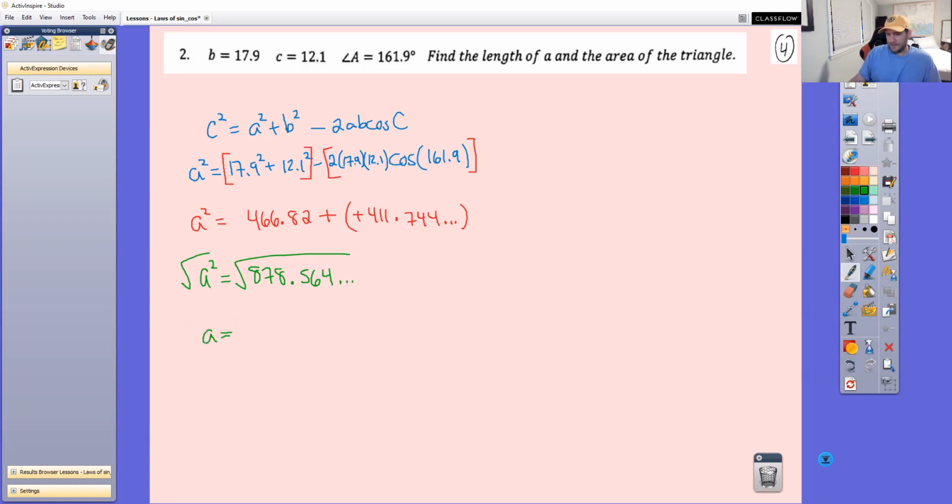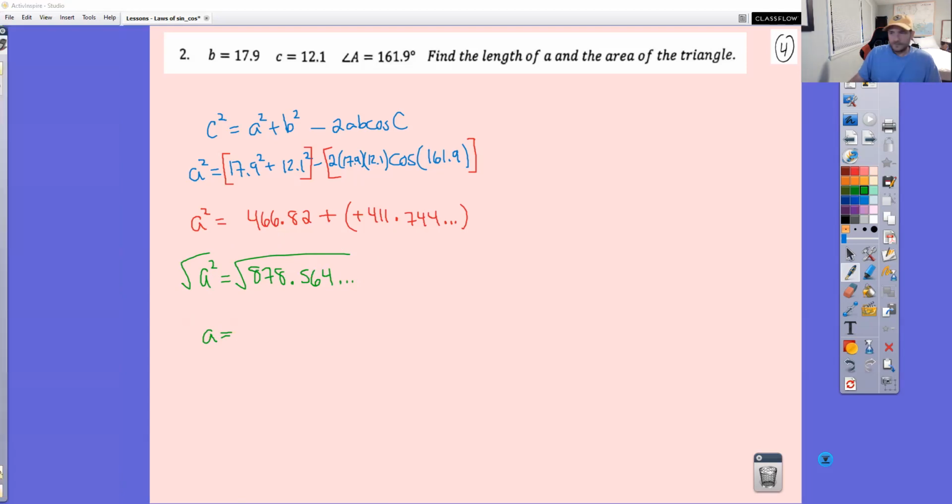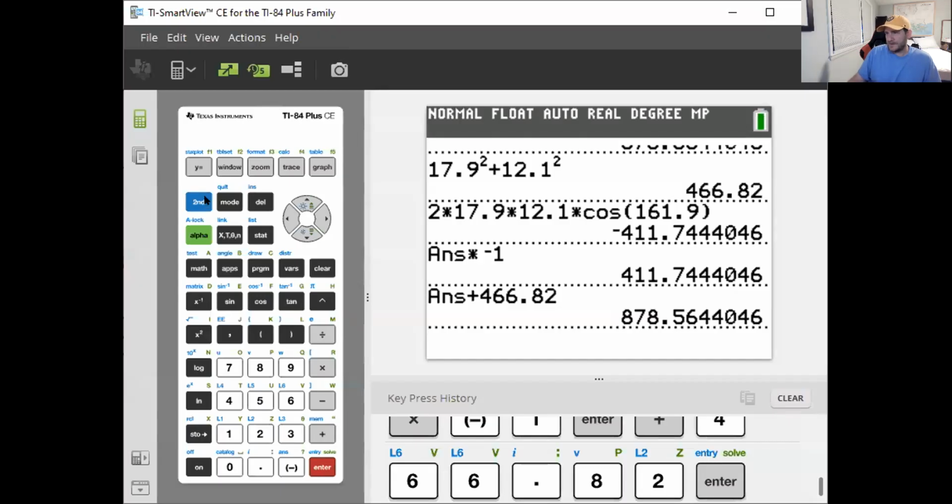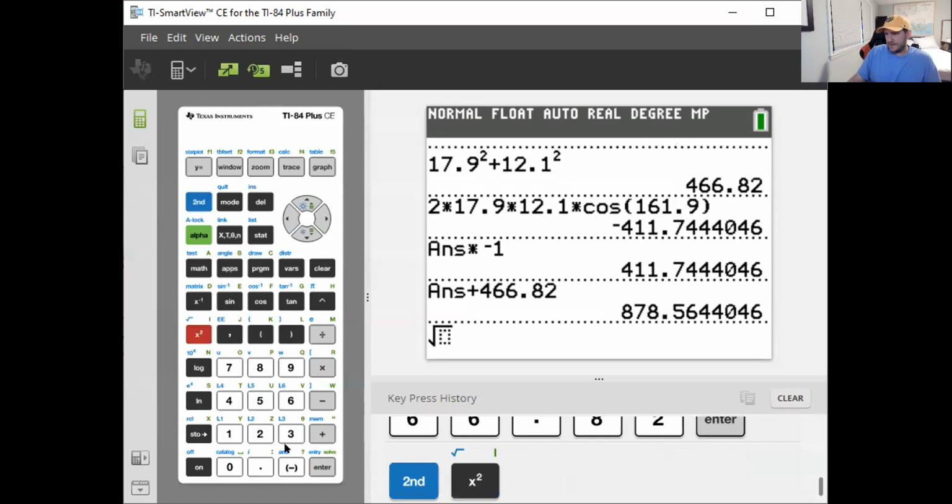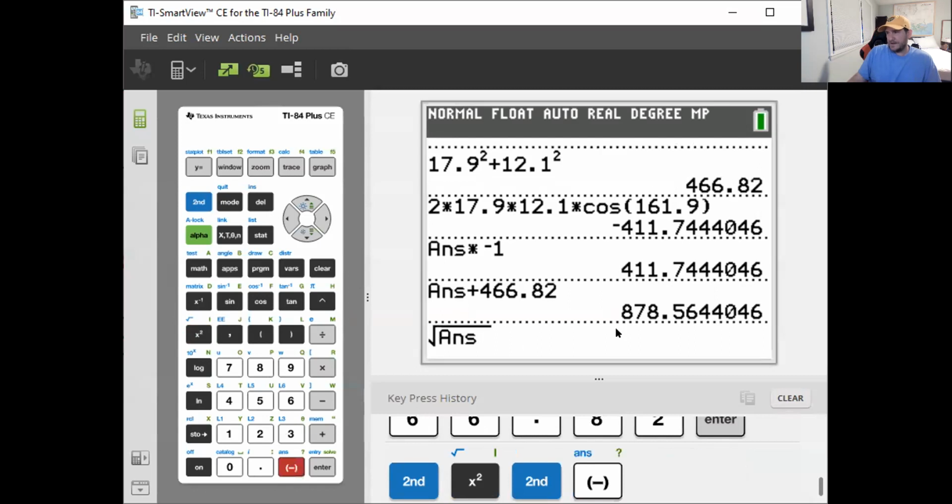So how do you do the square root? Well, again, go back to the calculator. One of your best friends in this unit is going to be knowing that you can get your previous answer. You go second answer. And so now instead of using a rounded off decimal, you're using this thing here. And you're not just using what you see here; this thing extends much further in the calculator's memory.